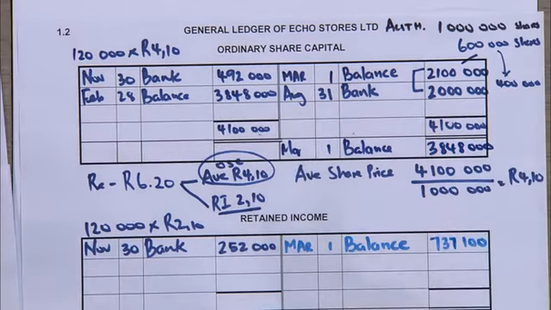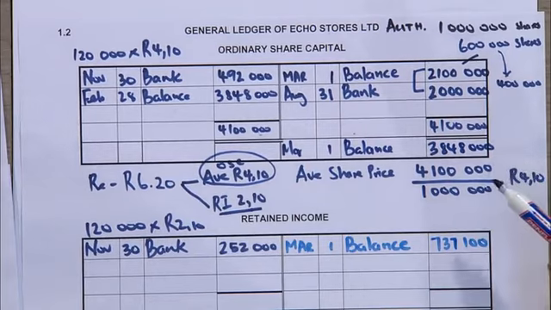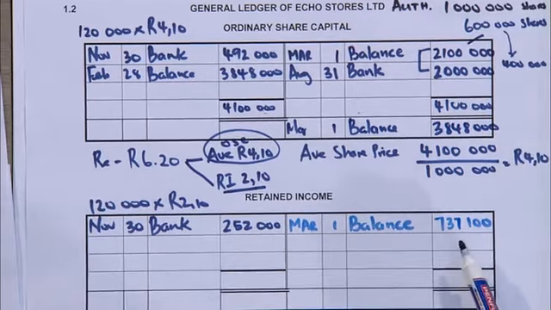So the capital account is complete. We have the balance. Later on, that balance will be reflected in the ordinary share capital note for the balance sheet. Okay. We are still not done with the retained income.